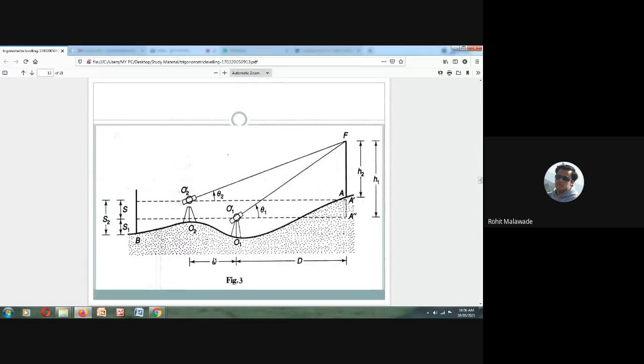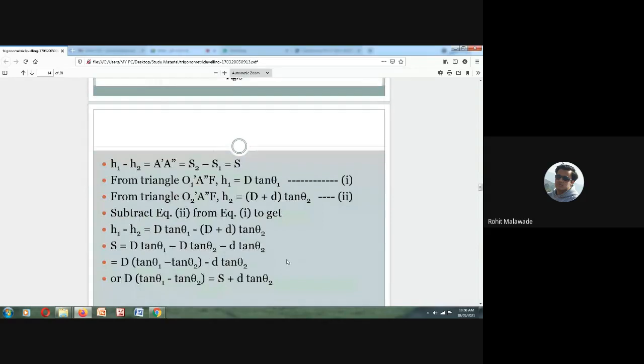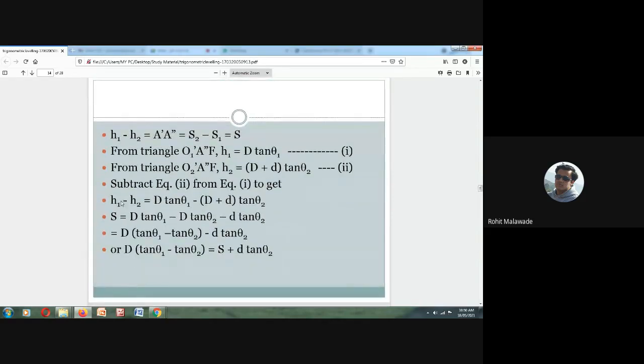You can calculate it by d plus d tan theta 2, and the difference in height between the two instruments we can measure by d tan theta 1 minus d tan theta 2 minus small d. So d will be common: d into tan theta 1 minus tan theta 2 minus d tan theta 2.